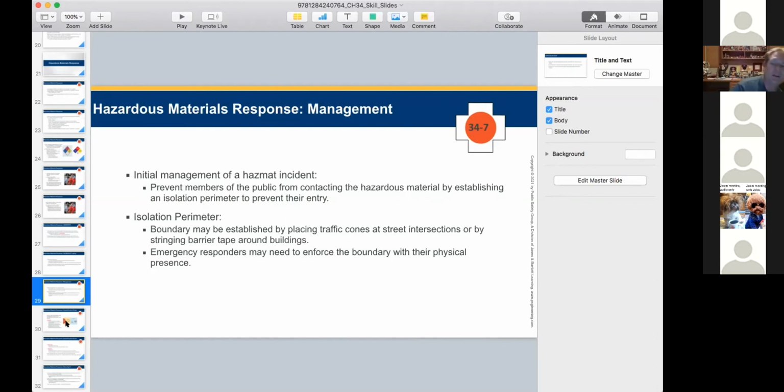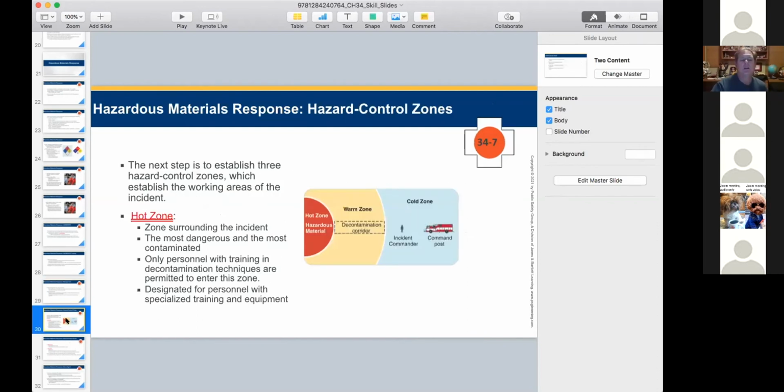Establish a perimeter, either you're using, if we have barrier tape, whether it's setting tables, chairs, whatever, we're going to start setting up a perimeter, okay? The hot zone, surrounding the incident, most dangerous and most contaminated. Again, personnel with training and decontamination techniques and PPE, okay?